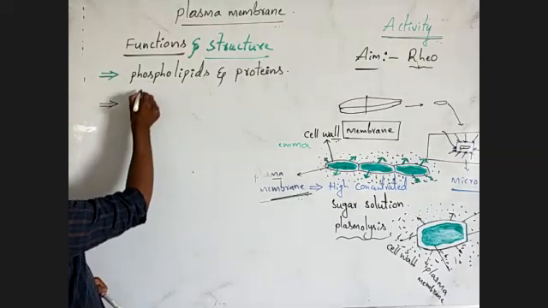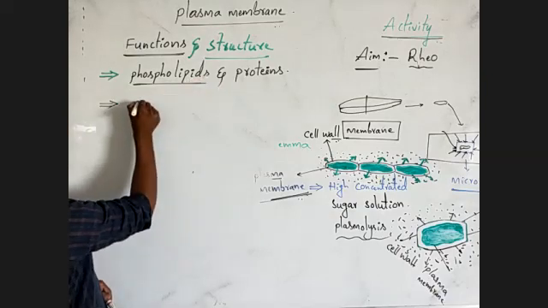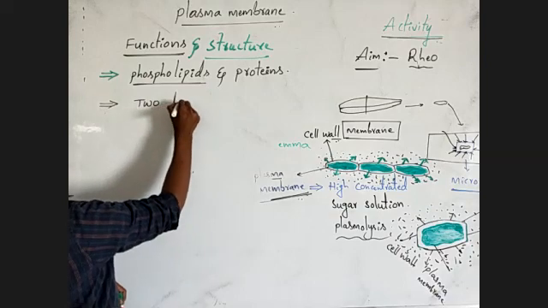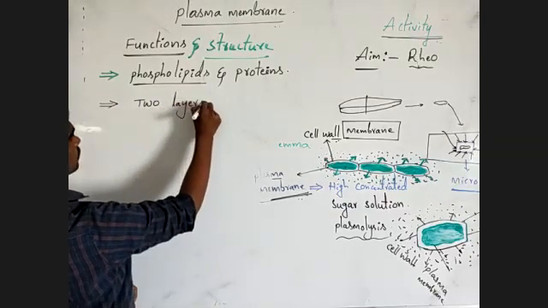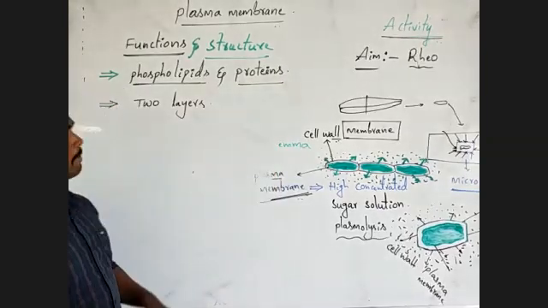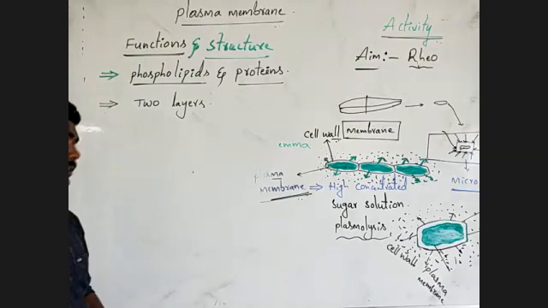Phospholipids are usually in two rows, two layers. Proteins are embedded in the phospholipid bilayer.